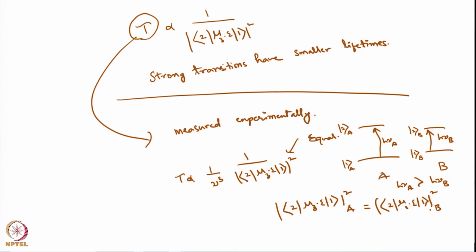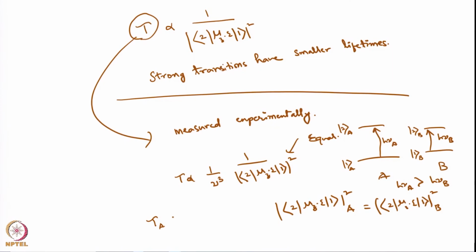If the transition dipole square in both cases, A and B, are equal, let's assume a scenario when these two are equal, then your lifetime will depend on 1 over nu cube. That means the larger the separation, the faster the decay. Because nu is larger in the case of A with respect to B, 1 over nu cube will be smaller.